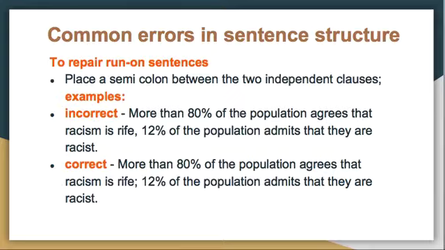In the other example I described, more than 80% of the population agrees that racism is rife, comma, 12% of the population admits that they are racist, this is the incorrect form, because we need a semicolon here, not a comma. The correct form is: more than 80% of the population agrees that racism is rife, semicolon, 12% of the population admits that they are racist.